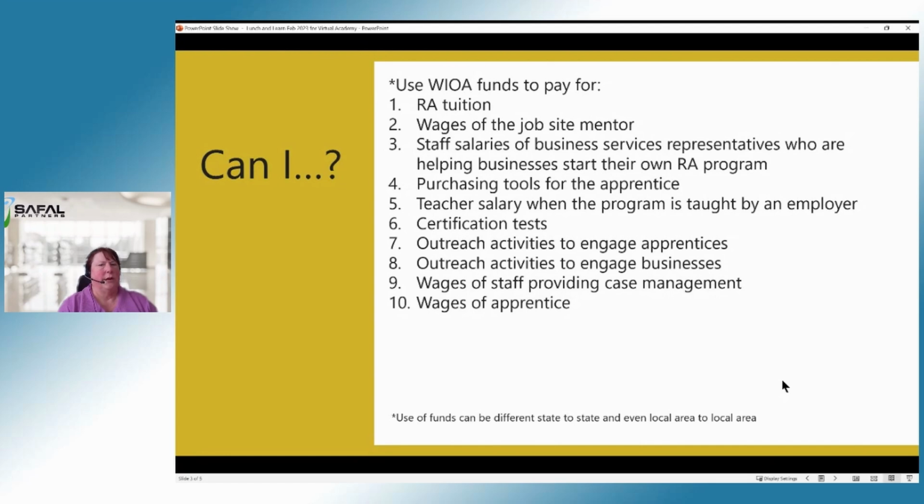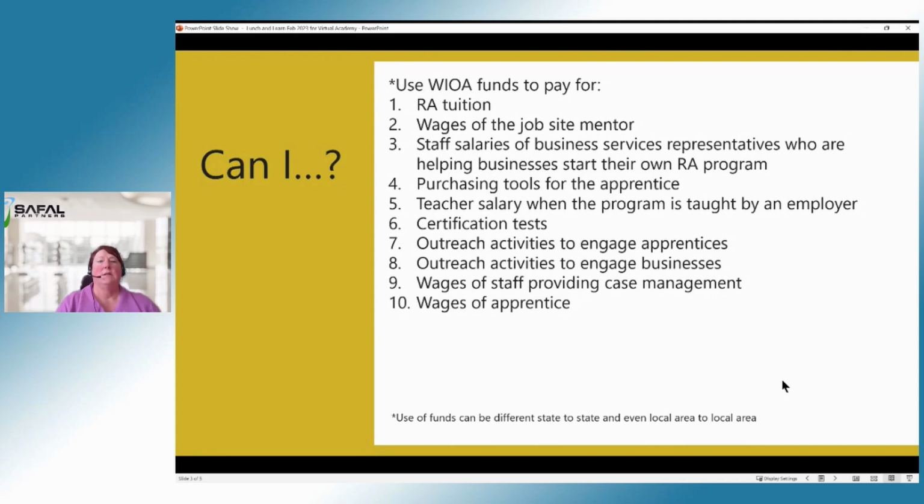Now, I'm pretty sure you guys are going to know this one, right? It's a big yes. You can do this. You should do this. And when you're doing this, let's talk about this apprenticeship stuff. So if you have a person who's come into you, they're qualified. We're dealing only in qualified people, all right? Meaning eligibility has been determined for them.